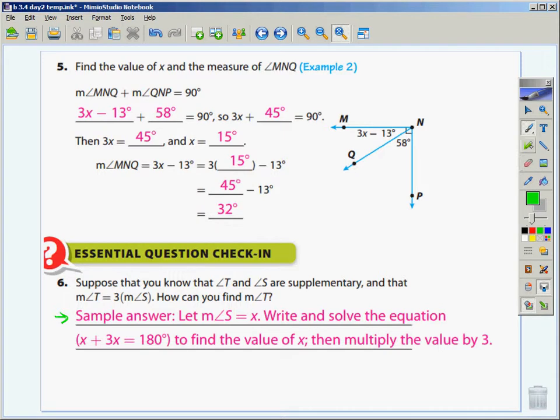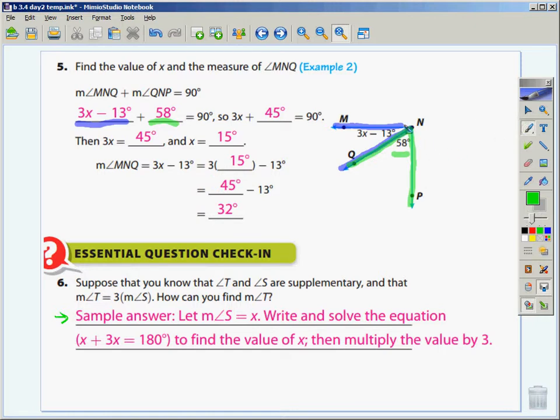On number 5, again, they've kind of set some of this up. They said MNQ. MNQ is this angle right here, which was 3x minus 13. Then they said QNP. QNP was this angle, which was 58.